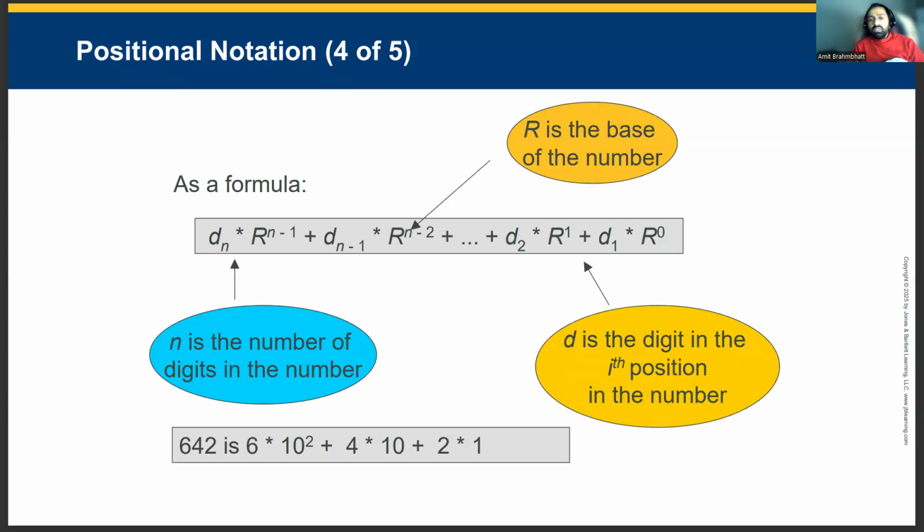In the formula, the base determines the numeric system. The number of digits defines how many terms are used, and each digit contributes its weighted value to the total. This generalized approach allows us to analyze numbers in any base using the same method. The formula formalizes what we intuitively do when reading numbers in base 10.